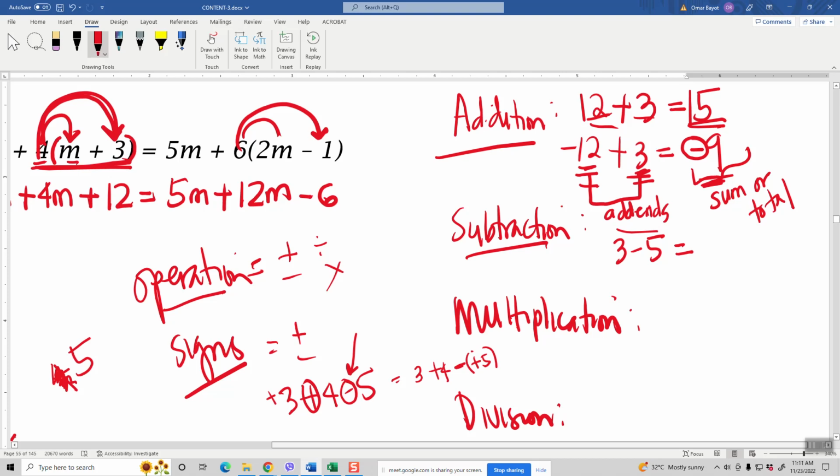So, you notice that 5 is bigger than 3. Since this 5 immediately takes on the negative sign because of the operation, that will be considered as negative 5, but the operation is minus, okay? So, that will show that 3 minus 5 is negative 2. Okay?